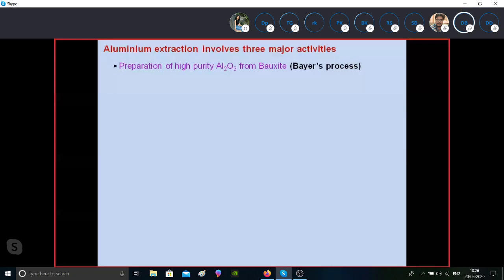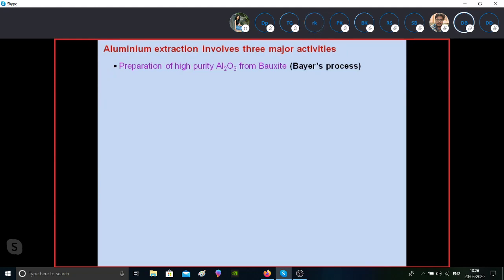It contains two minerals, gibbsite and diaspore, trihydrate and monohydrate. We need to prepare very high purity alumina from the natural resource, which cannot be done by the conventional beneficiation route. We have to adopt a special route for this.